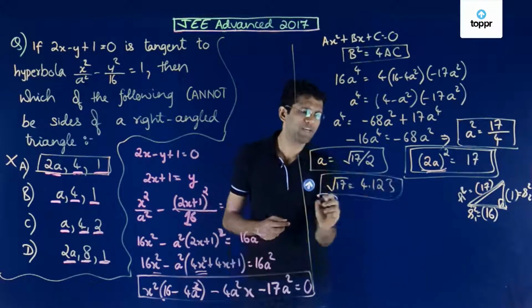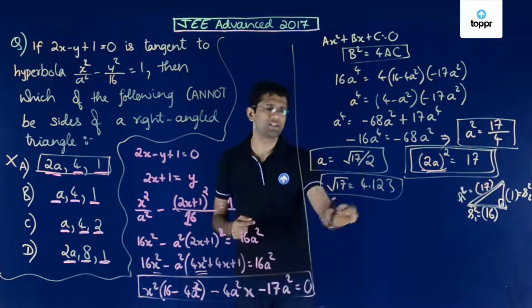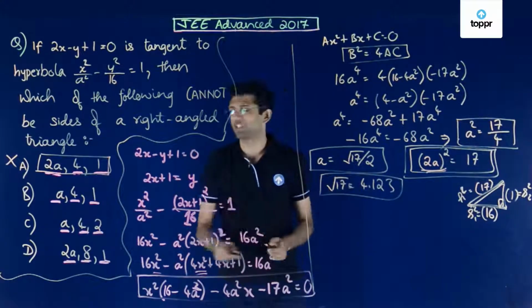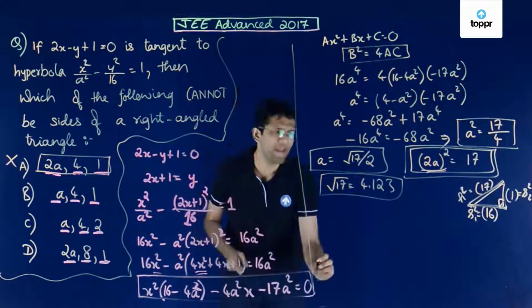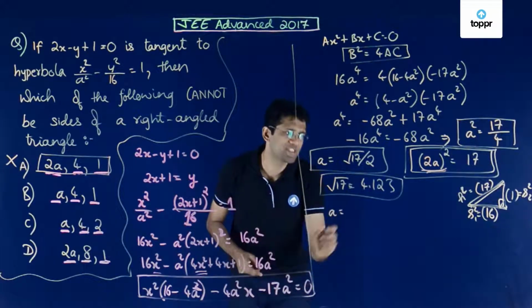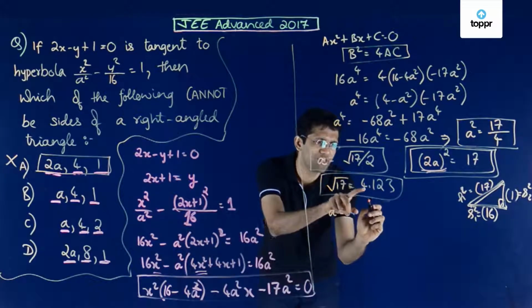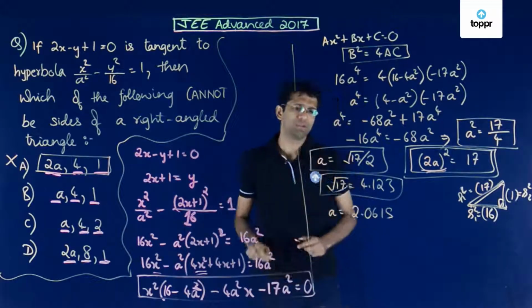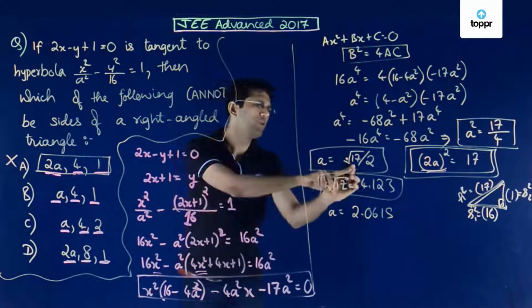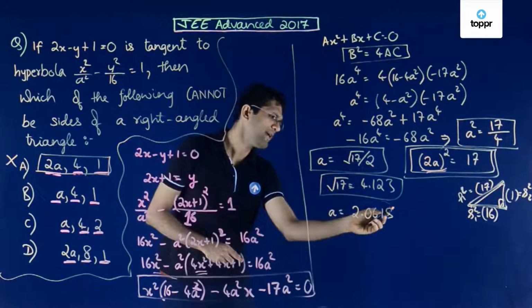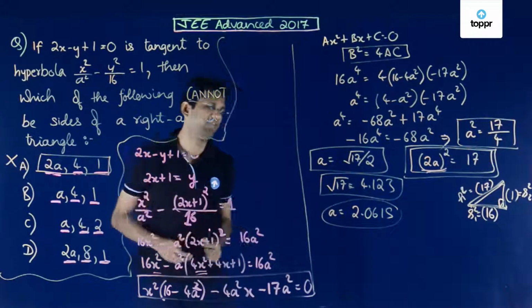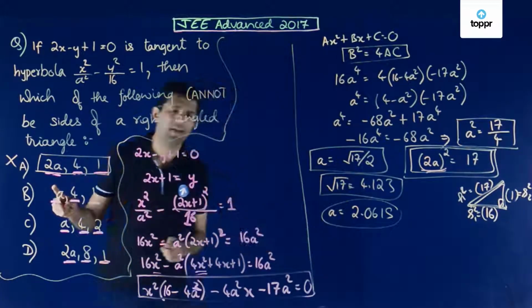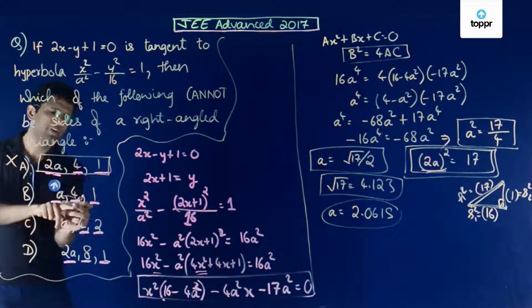So if we find under root of 17 by 2, which is the value of a, then we should get a equal to half of this value, that is 2.0615.